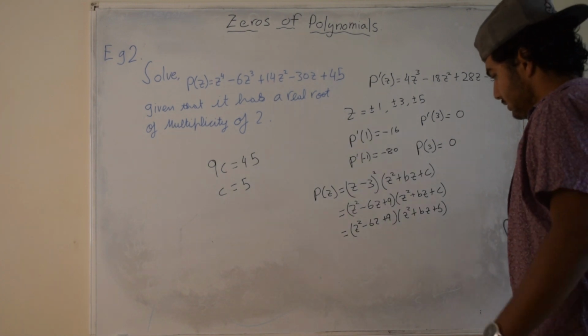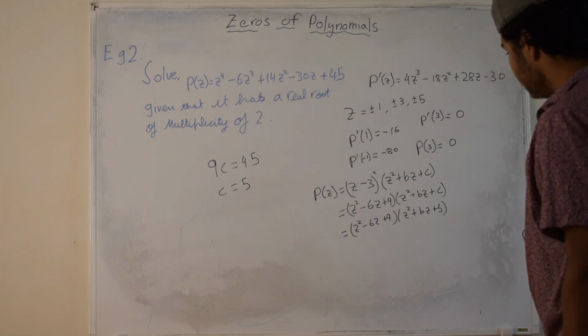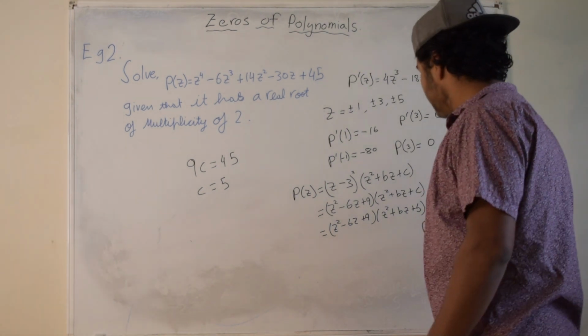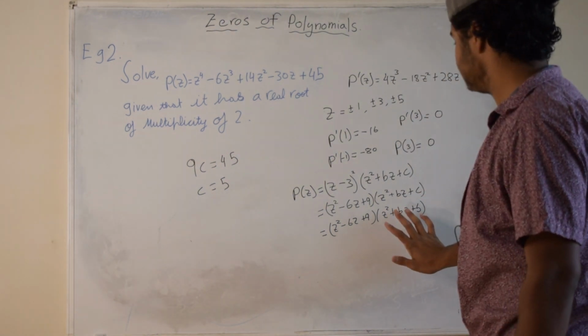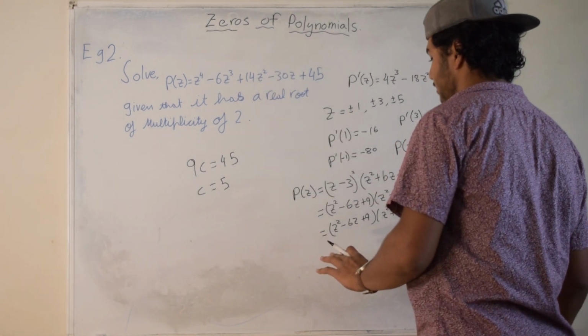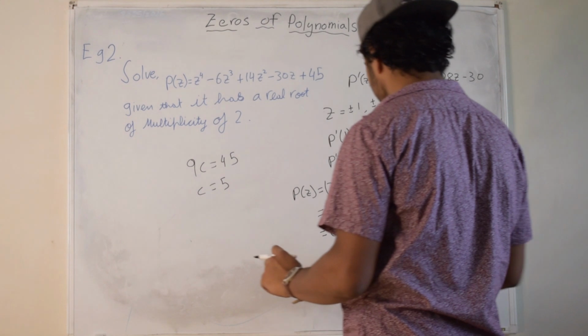Now, to find the value of b, we need to compare the coefficients of z. So coming back here, we'll rewrite this over here.